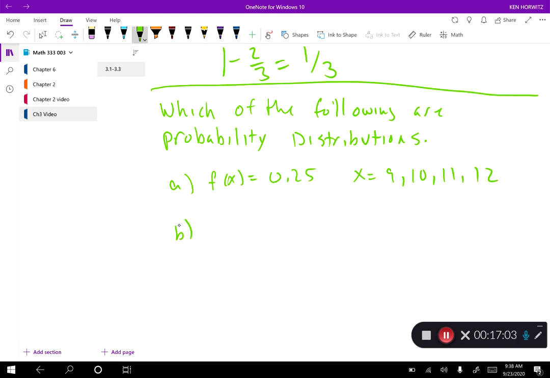B would be f of x equals (3 minus x) over 2, x would equal 1, 2, 3, and 4.